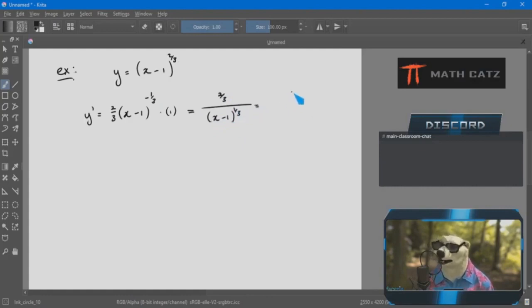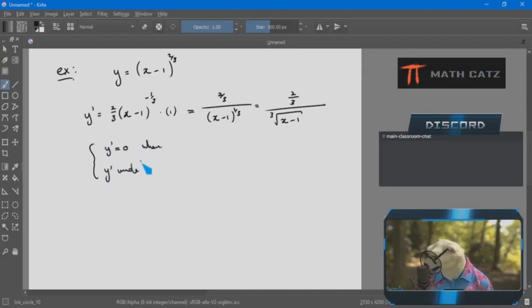And perhaps I want to just remind myself that whenever I need to see it this way, this is just the cube root. Maybe that helps me, but either one of these I like before I move forward. So I have a reason to simplify because it's going to make my life easier for my upcoming table. So I'll do it over here. There are 2 things that I want to check. I want to check when is the derivative equal to 0 and when is the derivative undefined.